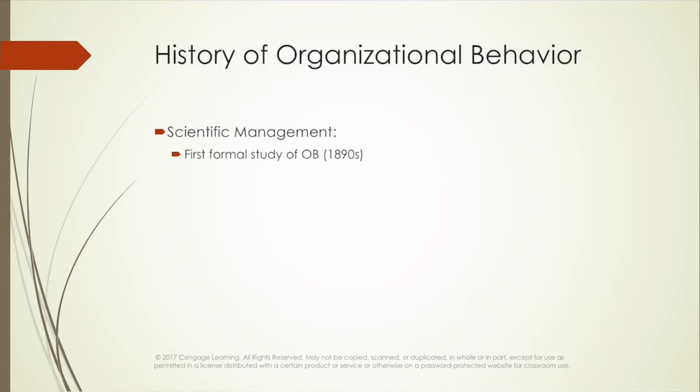Taylor was an engineer, and he looked at time motion studies. He wanted to discover how long it took to do certain things. Now, when Henry Ford began mass producing his trucks, his automobiles, he was trying to figure out the most effective and the most efficient way of being able to produce his automobiles.